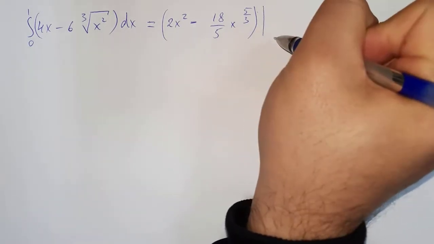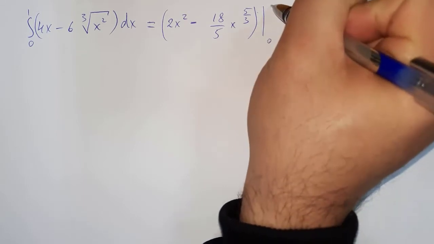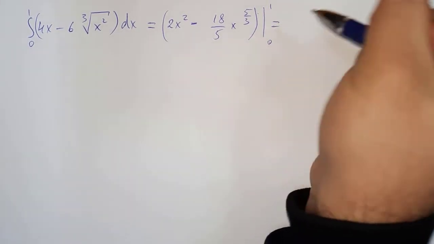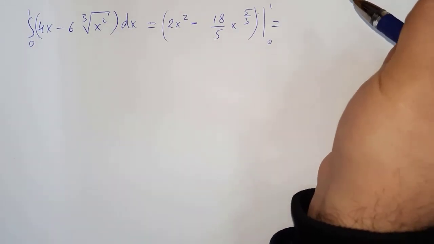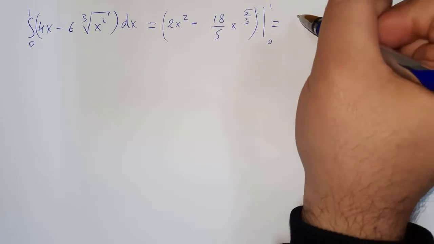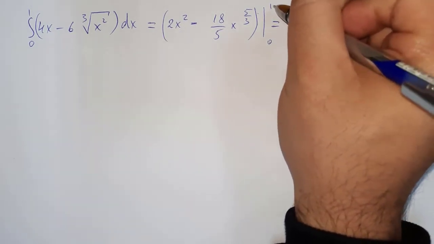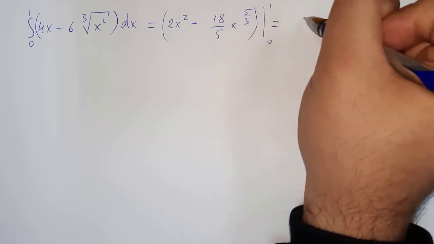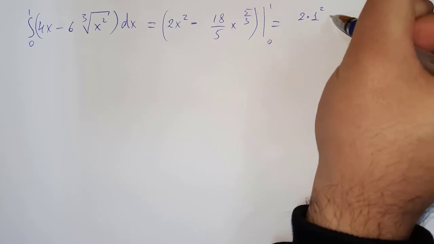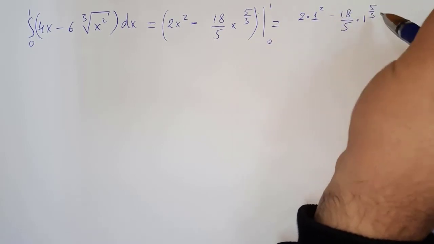And here we have two limits, 0 and 1. Now we need to put these values into our integral. It will be 2 times 1 squared for the upper limit, minus 18 over 5 times 1 to the power of 5 over 3.